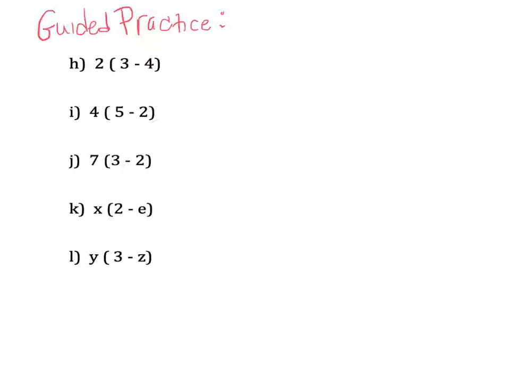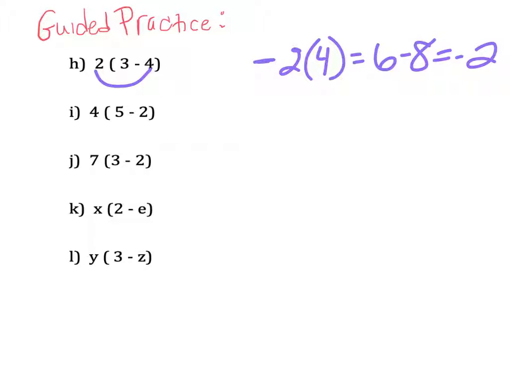You could also think of that as just a minus sign and rewrite that down. And then do the 2 times the 4, which also works. They have the same idea. Your answer here will end up to be a negative 2.